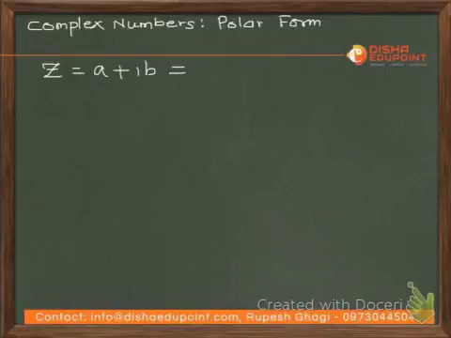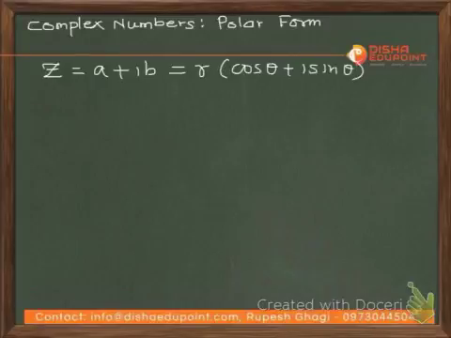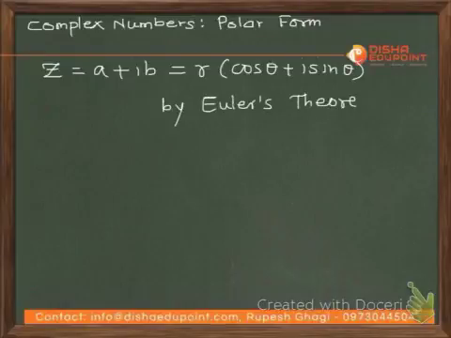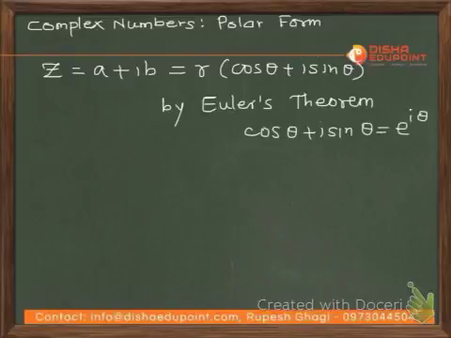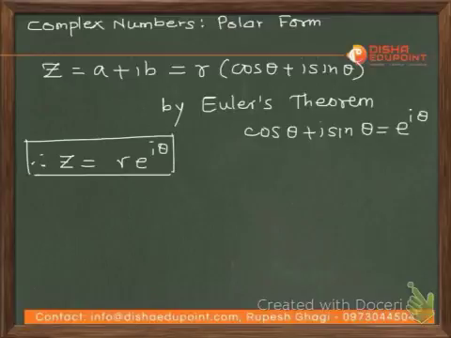So we have this number z equal to a plus ib, which can also be written as r into cos theta plus i sin theta. Now we have Euler's theorem or Euler's identity, that cos theta plus i sin theta is equal to e to the power i theta. That's why z can also be written as r into e to the power i theta.